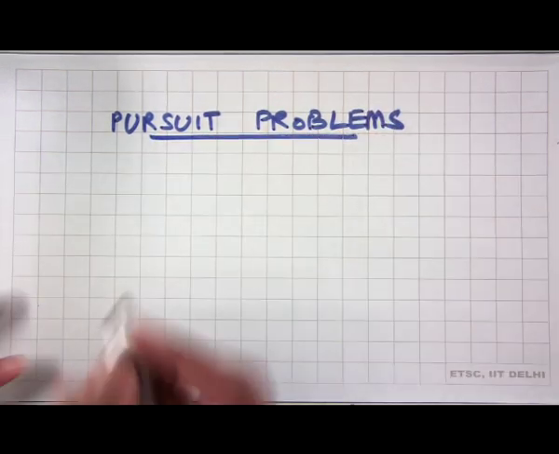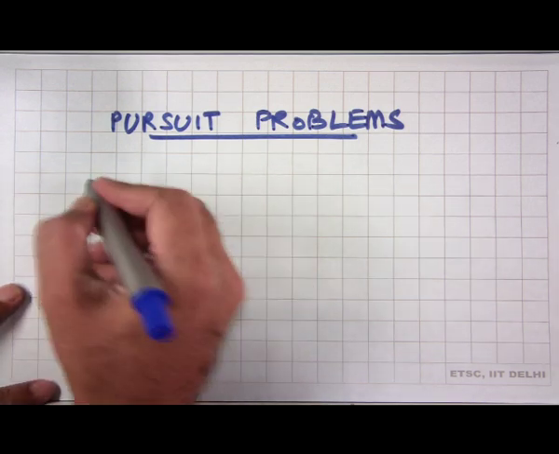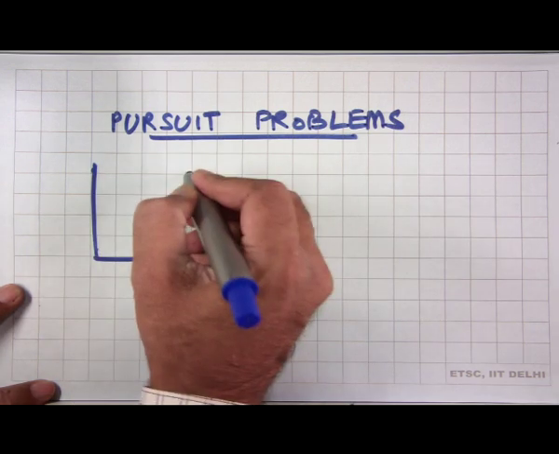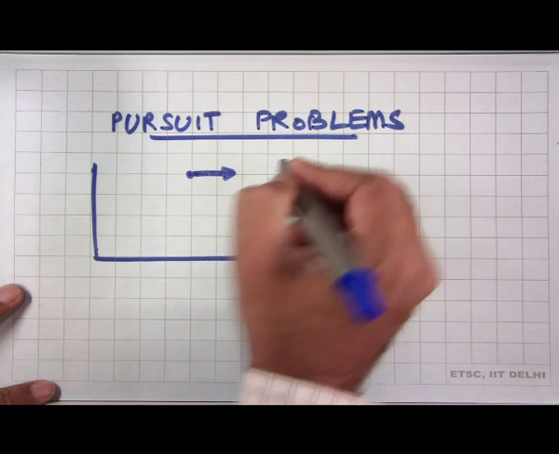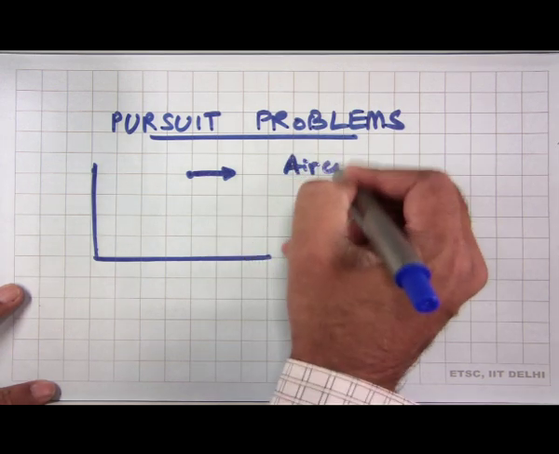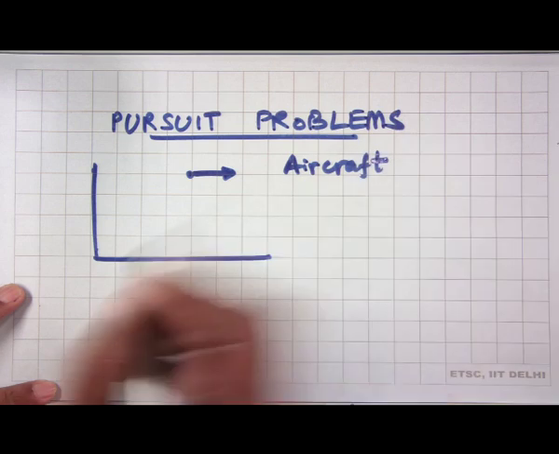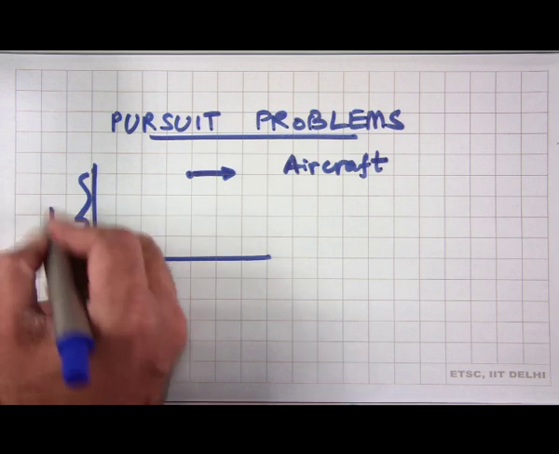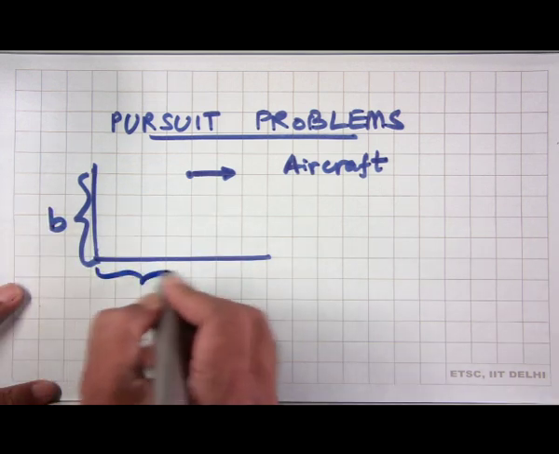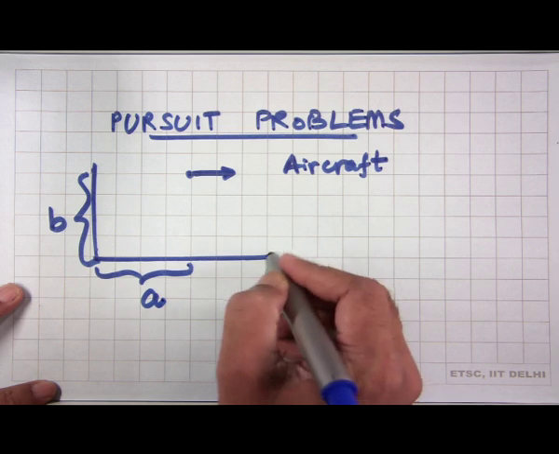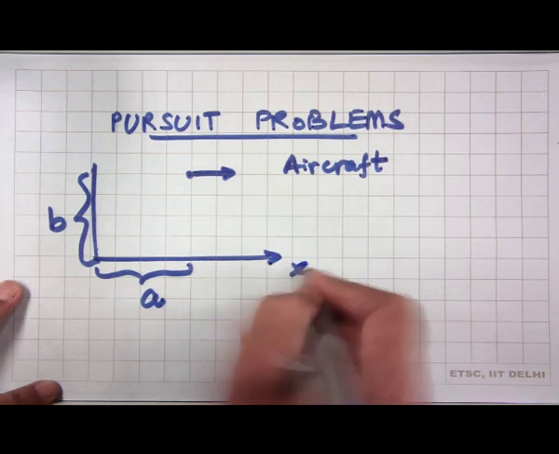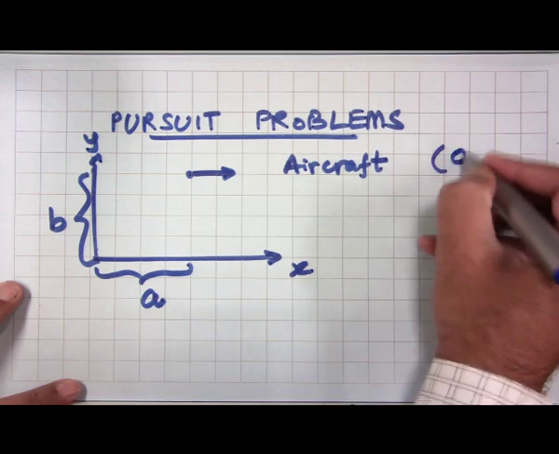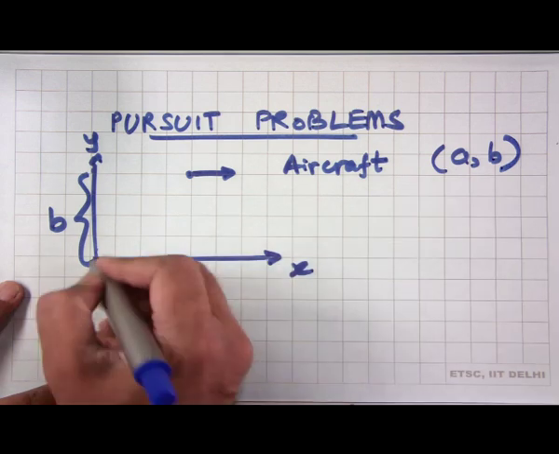Here what is given to us is that there is an aircraft whose initial location, if one says this is B, this distance is A. So, if I look at it in terms of x, y, the aircraft initially is at A comma B.